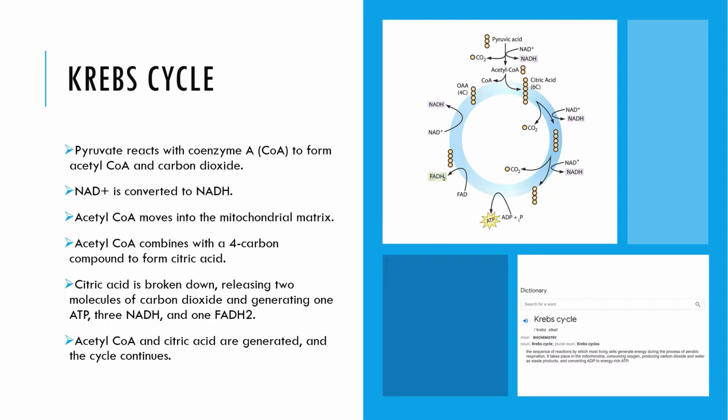So when those 2 carbon dioxides are released, the 6-carbon molecule ends up becoming 4, and then the ATP, 3 NADH, and FADH2 are generated from other reactions. Acetyl-CoA and citric acid are generated, and the cycle continues. So basically, when that citric acid breaks down into a 4-carbon molecule, that 4-carbon molecule is going to combine with another acetyl-CoA, and then that's going to become citric acid again, and the cycle continues again and again and again.